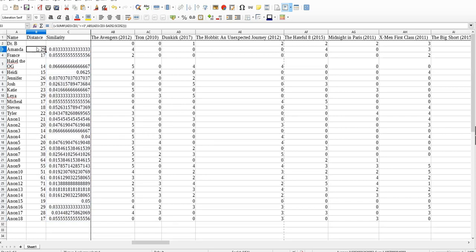So because everyone has a lot of differences of opinion on movies from me, we're not that similar. 3% similar to Amanda, 5.5% similar to Michael, 6 2/3% similar to anonymous number 4 or number 3. So these are the similarities between our ratings of all of these movies.